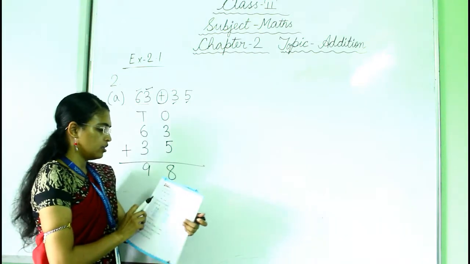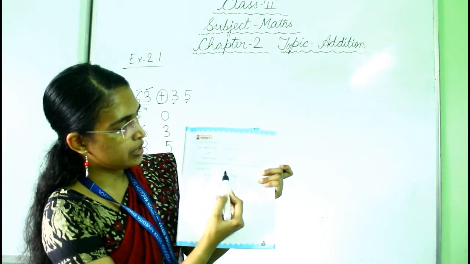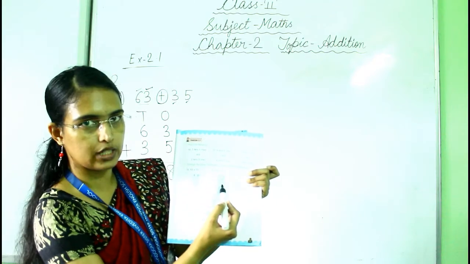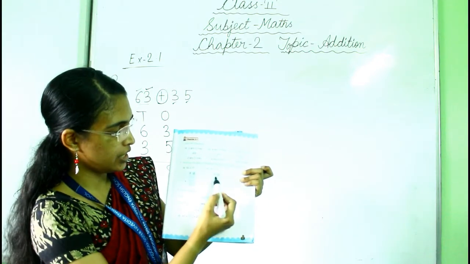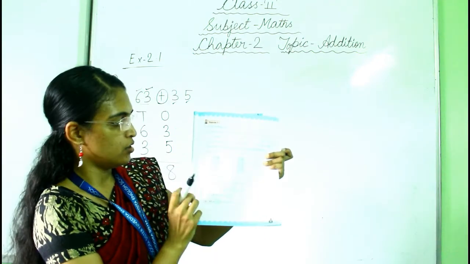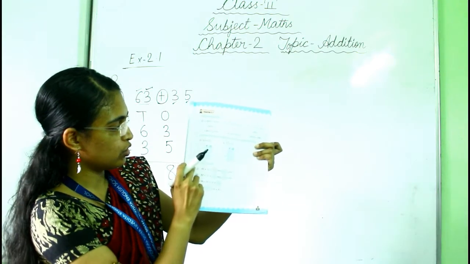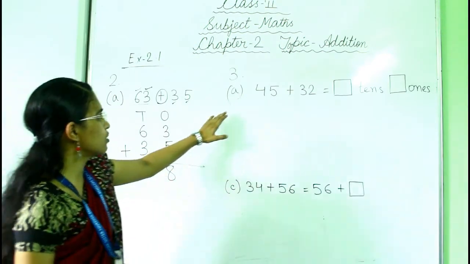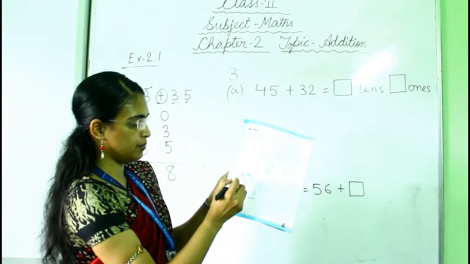In this way you will do question number B. First you have to put the addends, then you have to find out their sums. So now we will do question number 3, that is fill in the blanks. Okay, now look, question number 3, that is fill in the blanks.